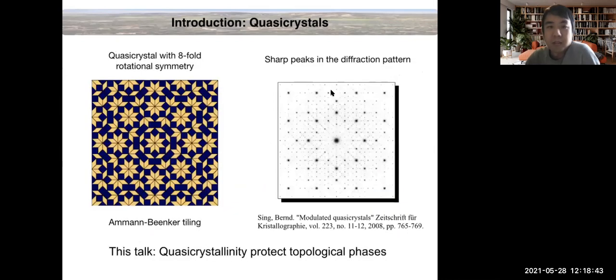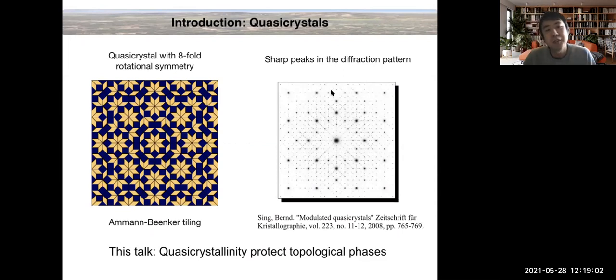However, in nature, there are also quasicrystals. So it's interesting to ask whether there are interesting topological phases in quasicrystals. Here I just show you a picture. It's a quasicrystal with 4-fold rotational symmetry.